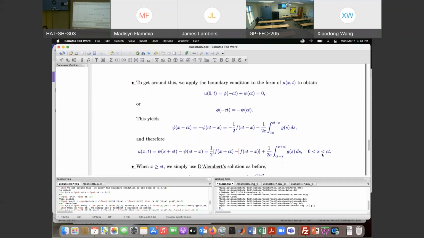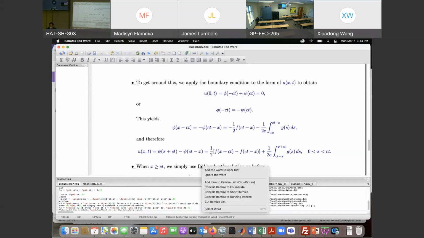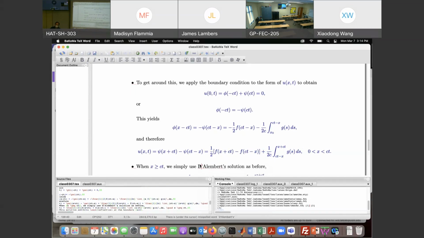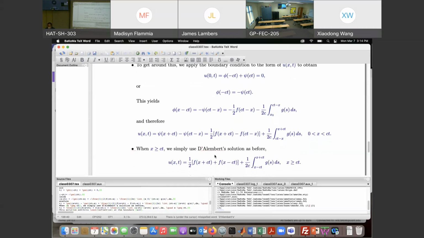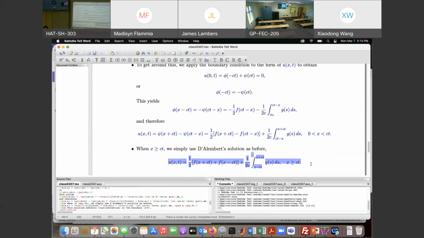So whenever x is less than ct, you use this formula. Whereas if x is greater than or equal to ct, go ahead and use the Lambert solution. It's not a problem in that case. You don't need to be concerned about the boundary condition there. So really we have a piecewise solution formula: this one for x less than ct, this one for x greater than or equal to ct.